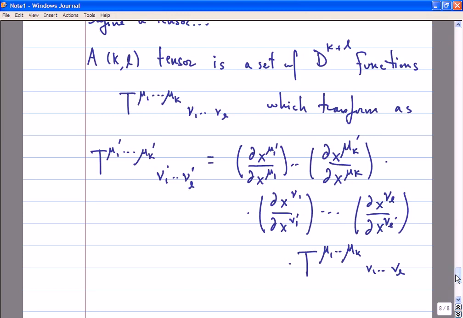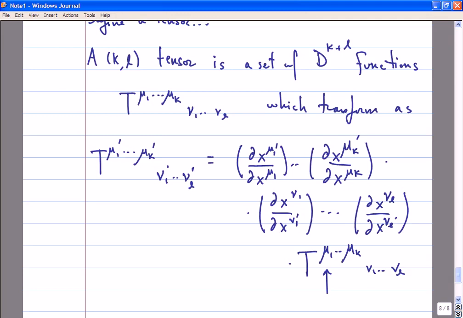When I write down dx^{mu_1'}/dx^{mu}, that's a quantity with one upper and one lower index, and that lower index has to get summed over with the mu_1 upper index here. Likewise, the mu_2 index gets summed with the mu_2 index and so on. And then for the lower indices, I need to multiply by the inverse Jacobian, because that's the only way that I could balance the indices and sum over them in a way that's consistent with Einstein's summation notation.